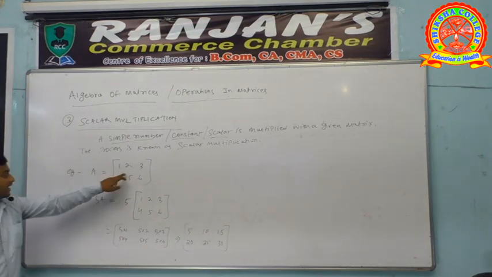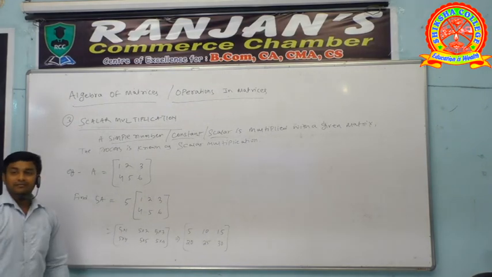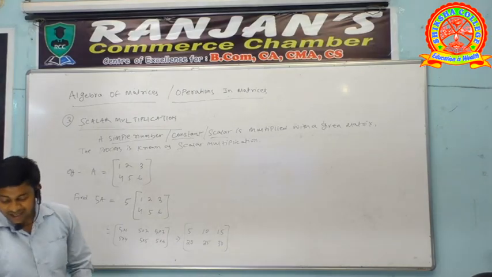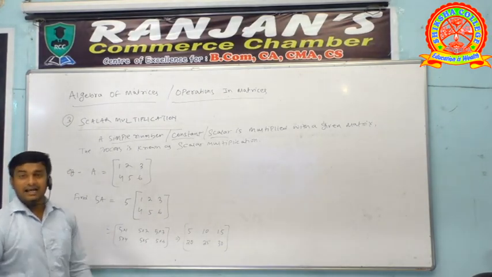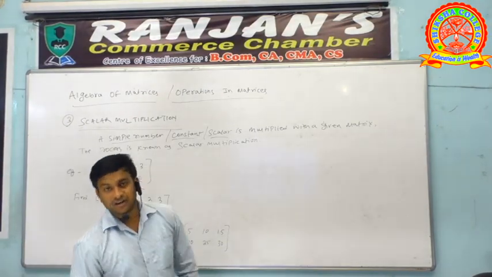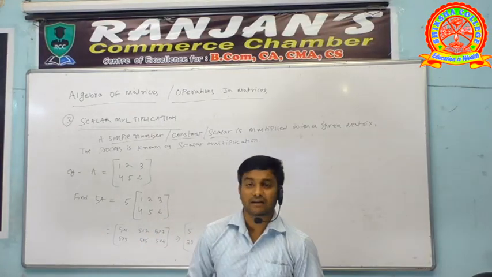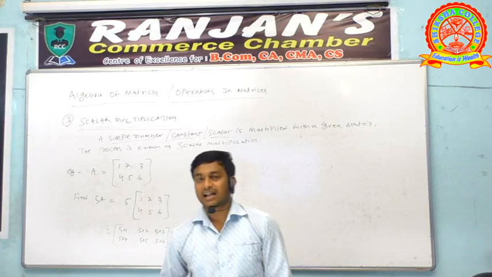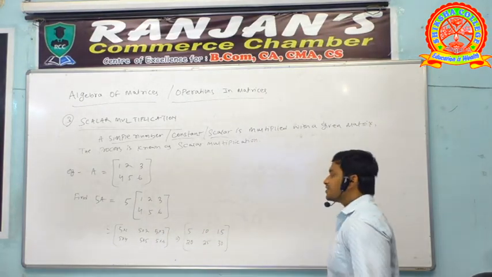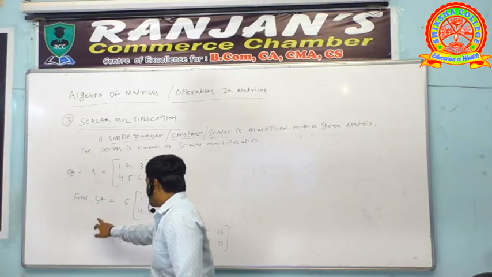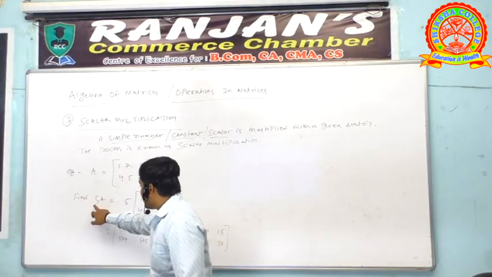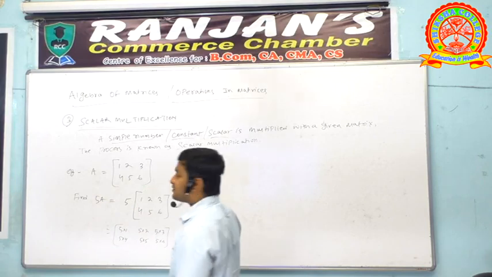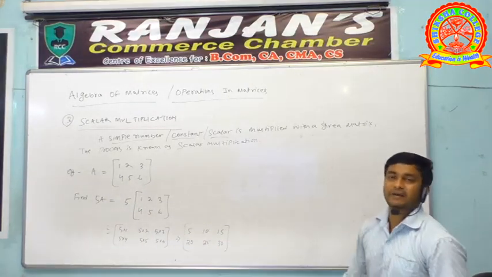So if A equals this, 5A equals 5 10 15 20 25 30. Clear? So this is called scalar multiplication. Scalar means a constant number. If a constant number is given to multiply with a given matrix, the procedure is called scalar multiplication. Clear? In which we simply multiply the scalar, the constant number, with each and every element directly.